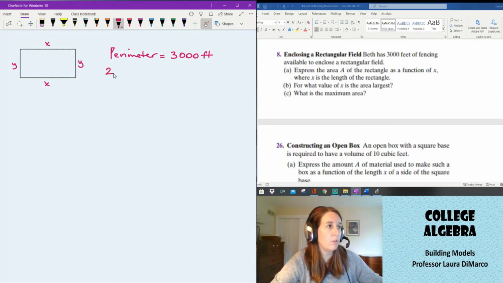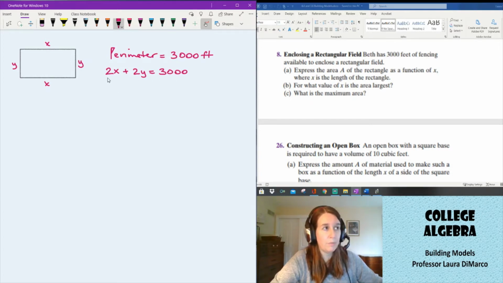So if we want to do the perimeter, that would be 2x plus 2y, and that will equal our 3,000 feet. This is our constraining equation because we know things about this equation.